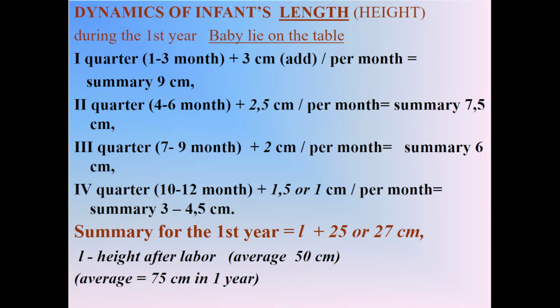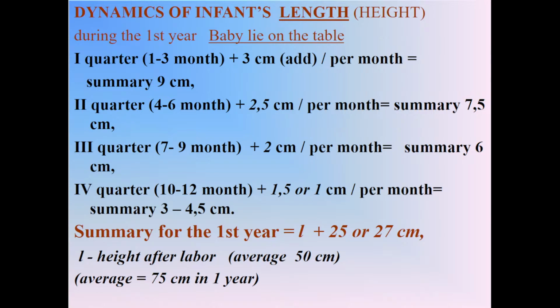During the first quarter of the first year of life, a baby increases in average 3 centimeters every month. In summary, for the first quarter, from 1 to 3 months old.